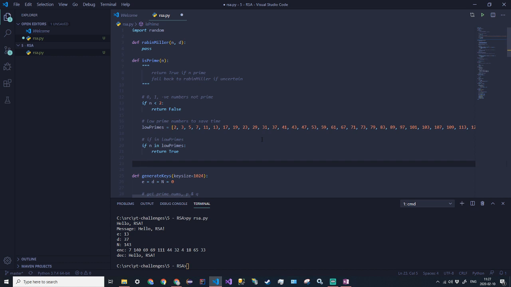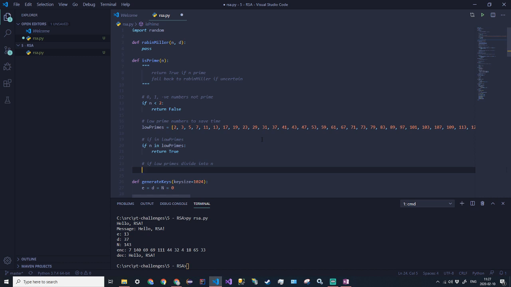Next, we want to say if low primes divide into n. As the numbers get bigger, the chance that these prime numbers will be a factor of that, will be part of the prime factorization of that, is going to be likely.